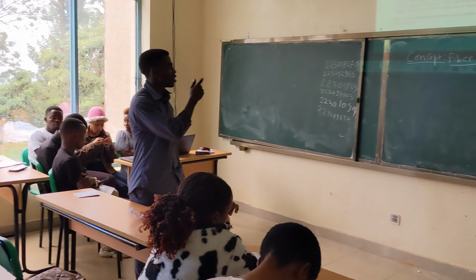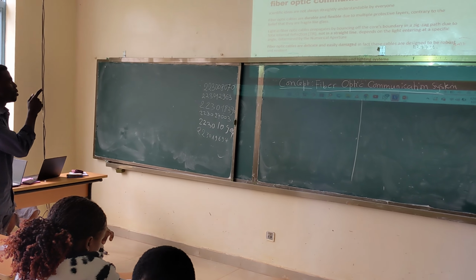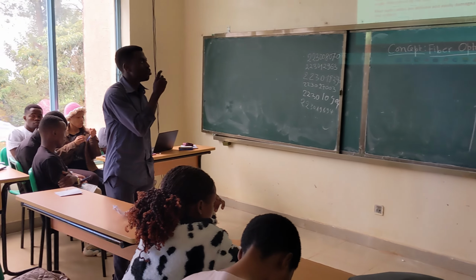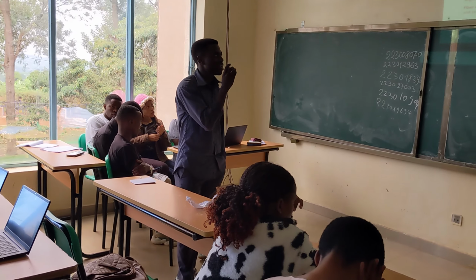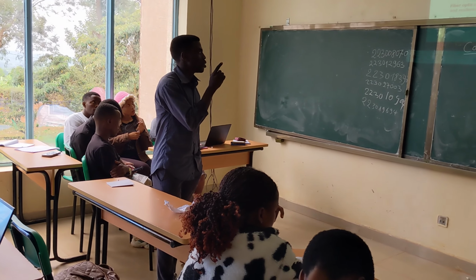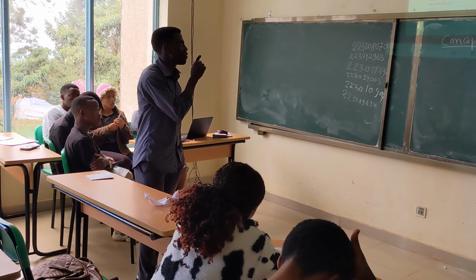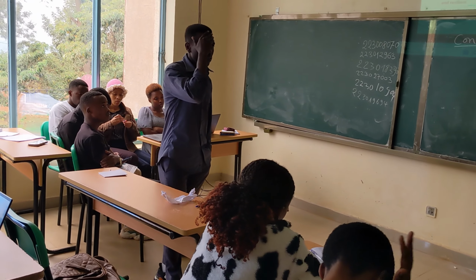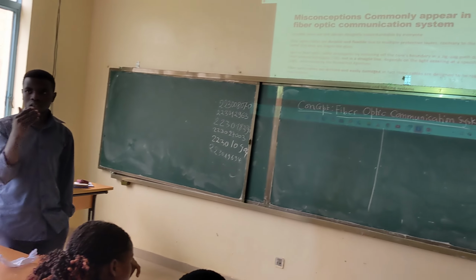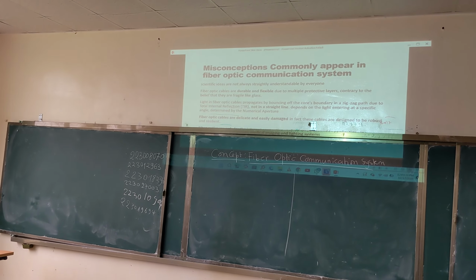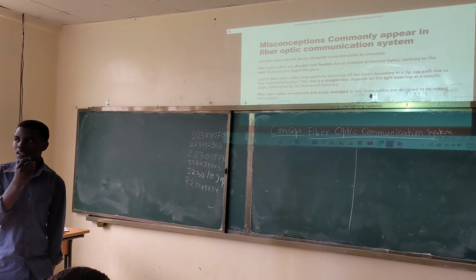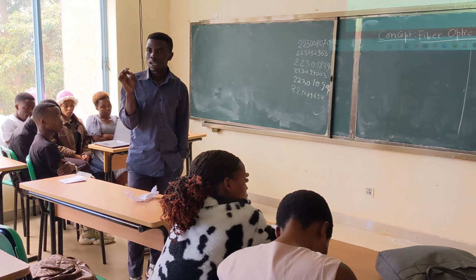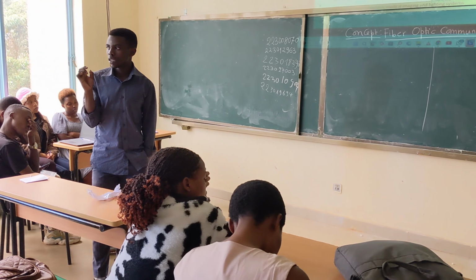But as stated there, fiber optic cables are durable and flexible due to multiple protective layers, contrary to the belief that they are fragile like glass. Once somebody hears the word fiber optics, they think the material is easily broken, like glass.